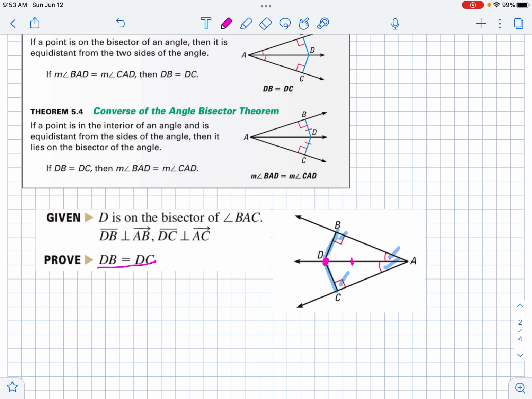Now notice, let me just erase some of this. So think about this. Obviously, this angle is congruent to this angle, because they're both right angles. This angle is congruent to this angle by definition of angle bisector.